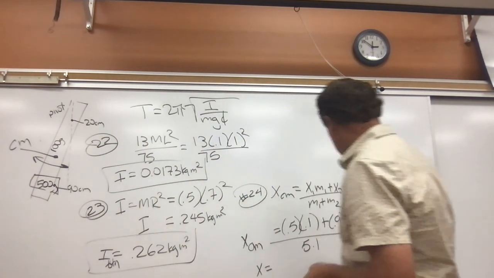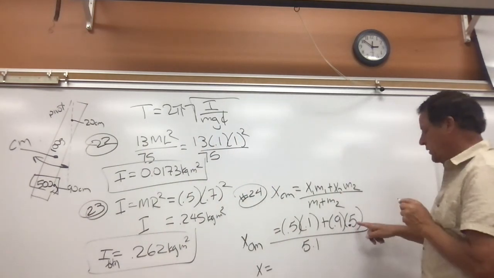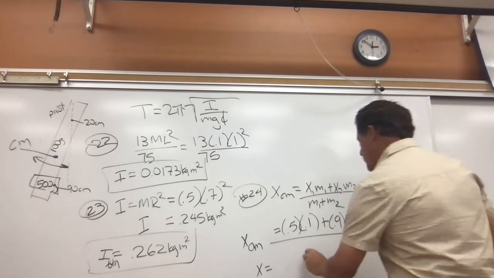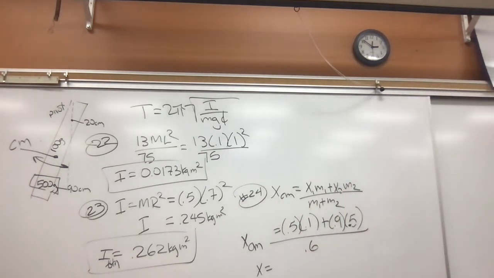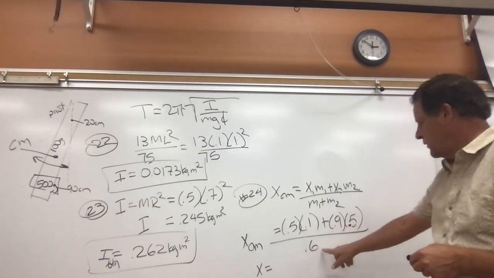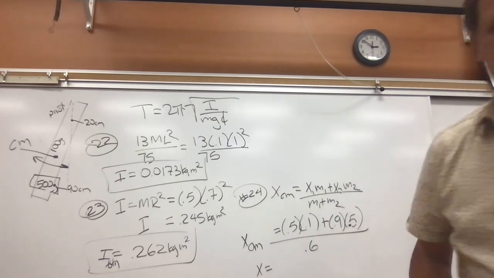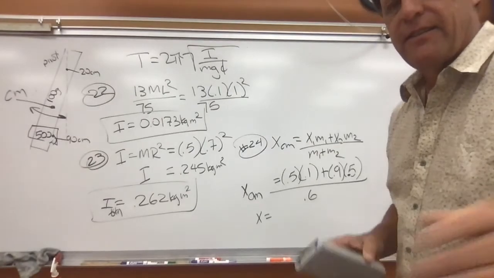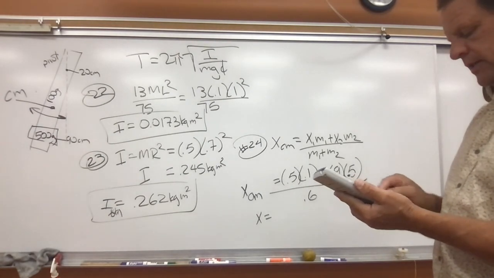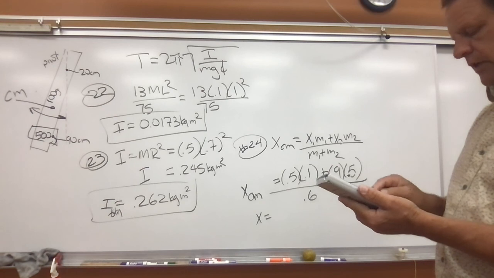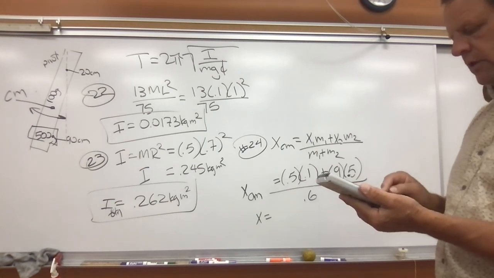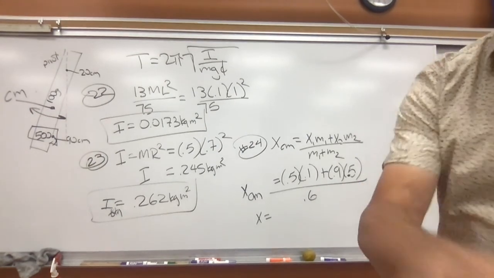So that's just going to change this to be 0.5, and this is going to be 0.6. 100 grams plus 500 grams is 600 grams. Okay, that's better. Let's recalculate that. So 0.9 times 0.5 plus 0.5 times 0.1 is equal to 0.5, divided by 0.6 is 0.83. That makes more sense.